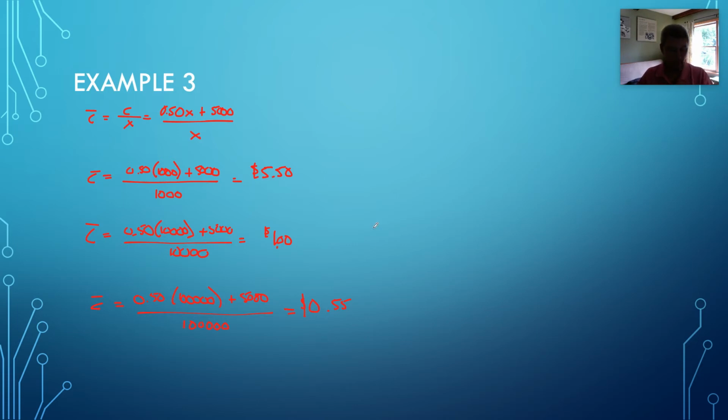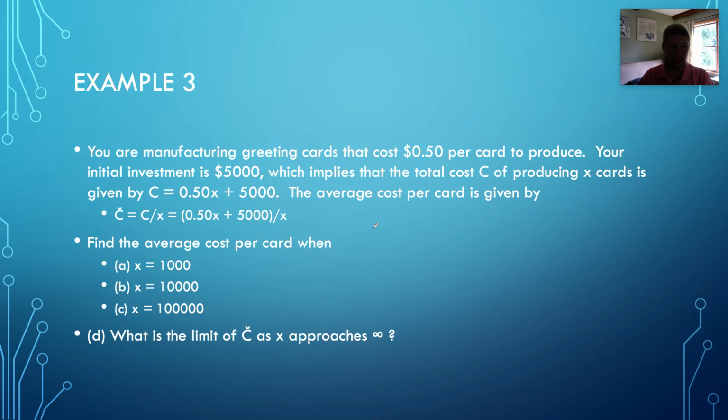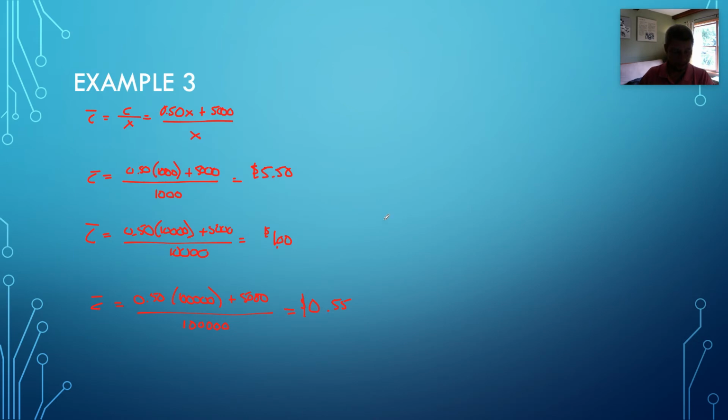Now, for part D in that question, if you go back, what is the limit as x approaches infinity here? Well, in this case, the limit as x approaches infinity of 0.5x plus 5,000 all divided by this value of x.